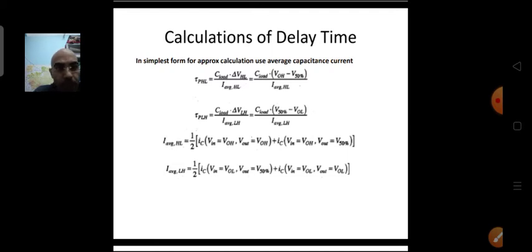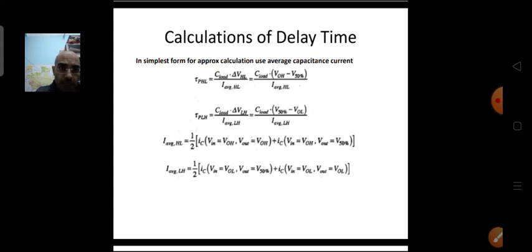Now once the input becomes VOH, initially when the input was VOL, at that time output was VOH. Now when the input also changes to VOH, output won't suddenly become VOL. It will initially remain at VOH. So the initial condition will be Vin equal to VOH and Vout equal to VOH.